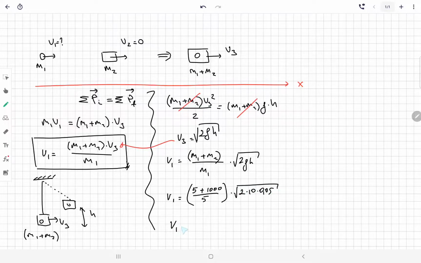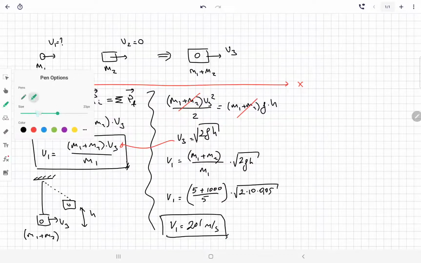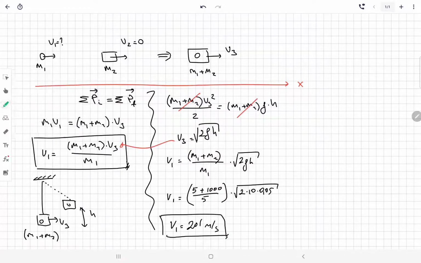So from here, the initial velocity of the bullet will be equal to 201 meters per second, since 2 times 10 times 0.05 is 1. This is the initial velocity of the bullet. With this initial velocity, the wooden block can rise to 5 centimeters.